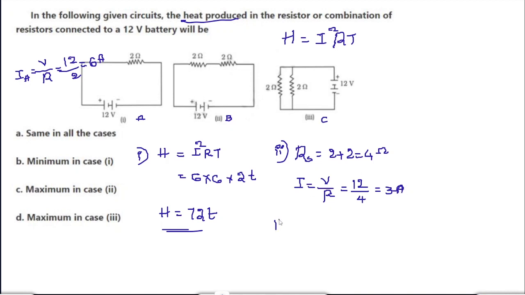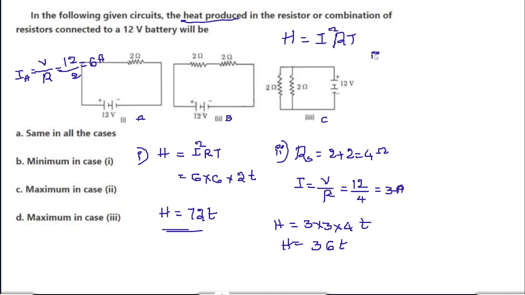So H is equal to I square R T, that means 3 into 3 into R. R is 4, and T. So 3 threes are 9, into 4 is 36 T. In the second case we got H equal to 36 T.